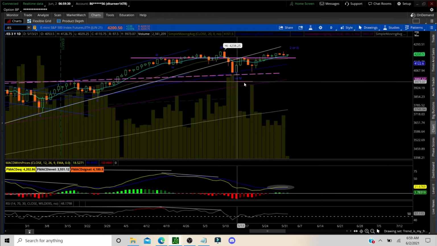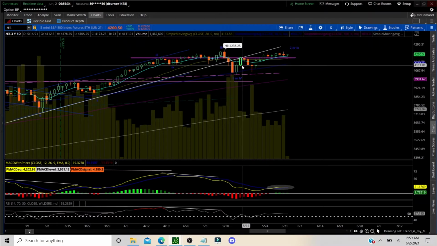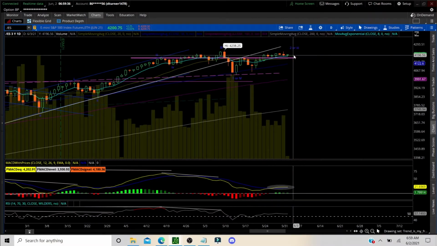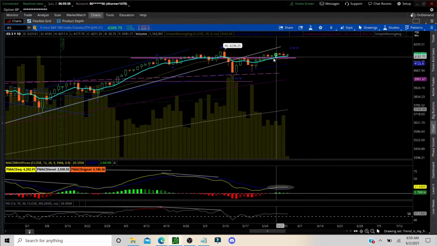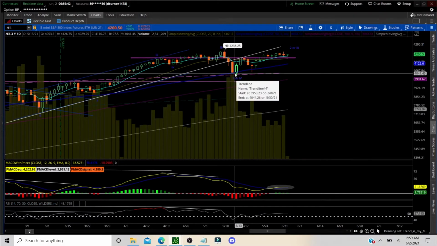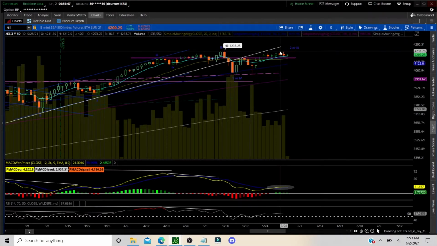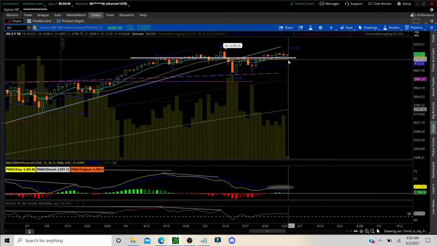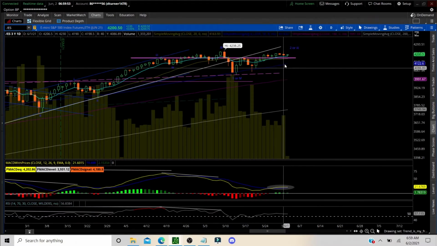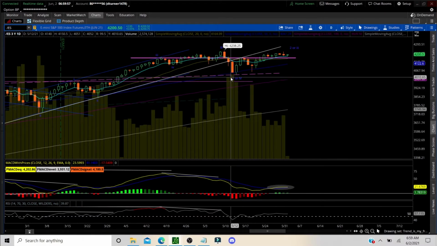All right, so here we go. On the daily, trend is our friend. We are still in the same scenario that we were last week, where we're looking down for either a wave 4 correction, and this would be a new wave 1, 2, 3, and then we probably come back for a little correction for wave 4, or sideways or triangle, something like that, and then start working our way up more.